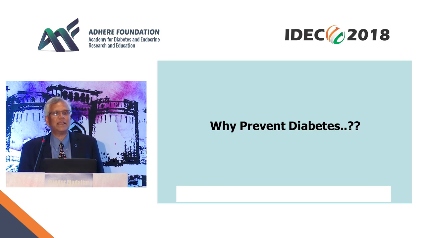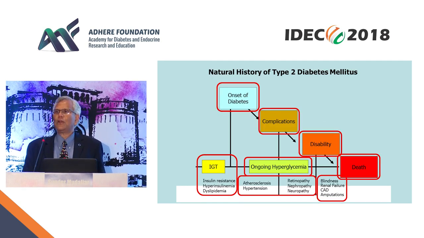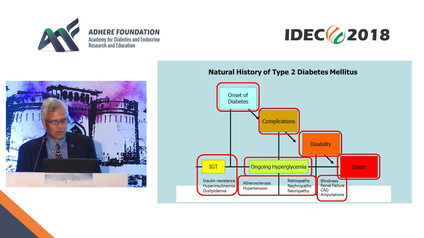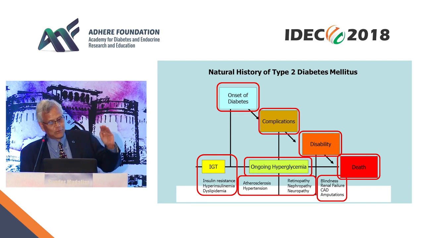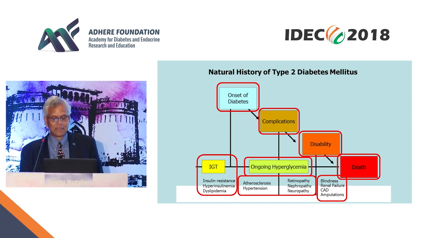So the first question I think we should ask ourselves is, why should we prevent diabetes? Well, if we look at the natural history of type 2 diabetes, before people go to diabetes, they stay in this state of impaired glucose tolerance. They're insulin resistant, dyslipidemic, the beta cell begins to fail, and then you get diabetes.